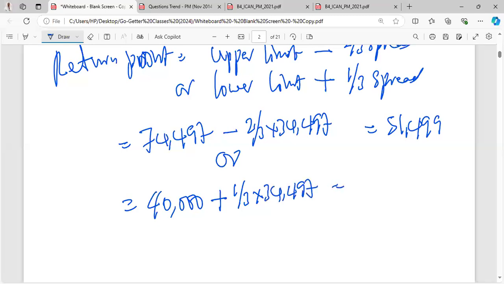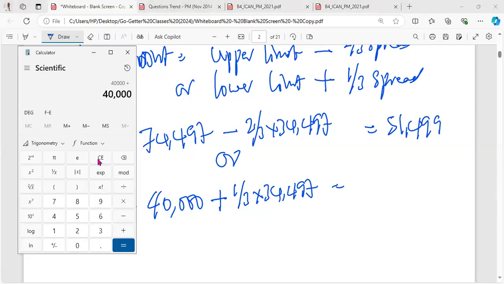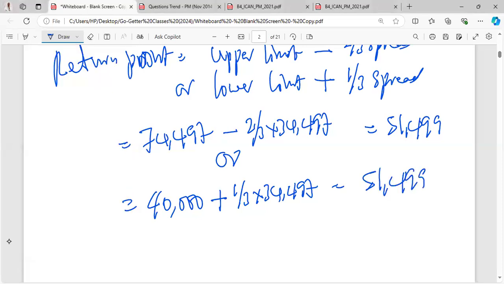So let's see. 40,000 plus, now you open a bracket, 1 divided by 3 multiplied by 34,497, close the bracket, equal to the same thing, 51,499. So this is your return point. They give you the same thing, whether you are using the upper or the lower limit perspective.